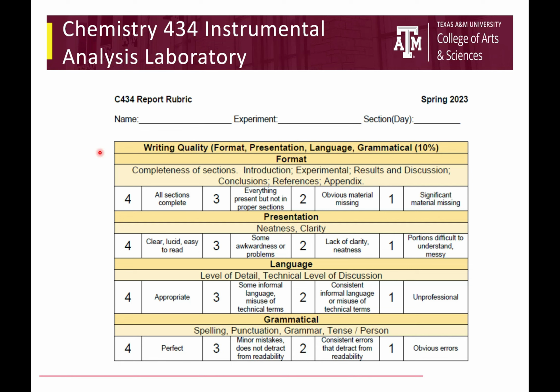You're mostly upper level chemistry students at this point, and so that should be a skill that you leave here with. So we're going to look at things like the presentation, neatness, clarity, language, what level of technical discussion you're achieving, and then grammar: spelling, punctuation, grammar, tense, okay? All of that is going to count in these lab reports.